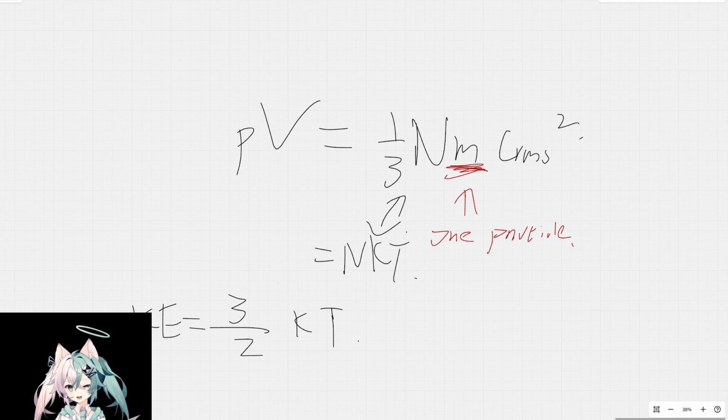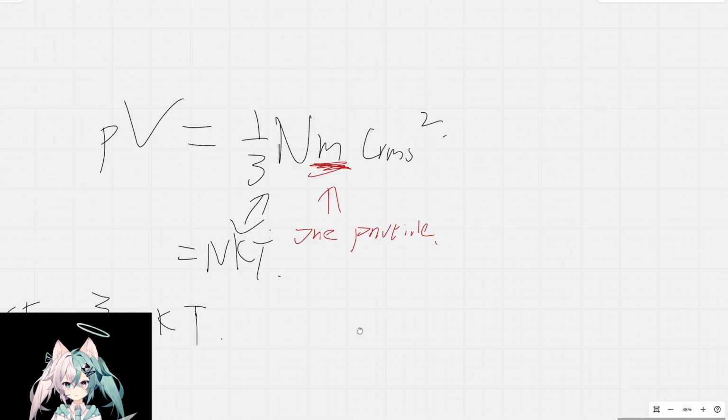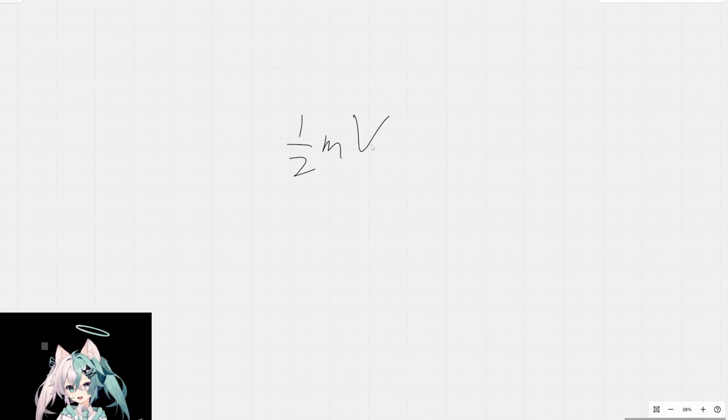Let me just check, can you see it or can't you? I'll move a bit to here. By the way, this kinetic energy we can also write in another form, half mv squared, but here for the v we use c_rms instead.